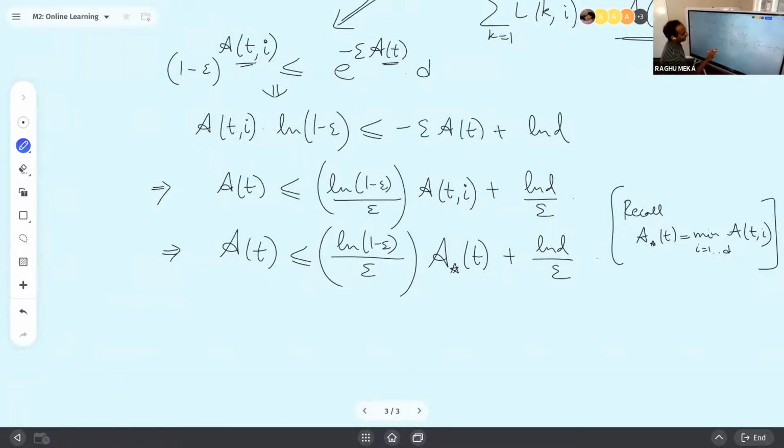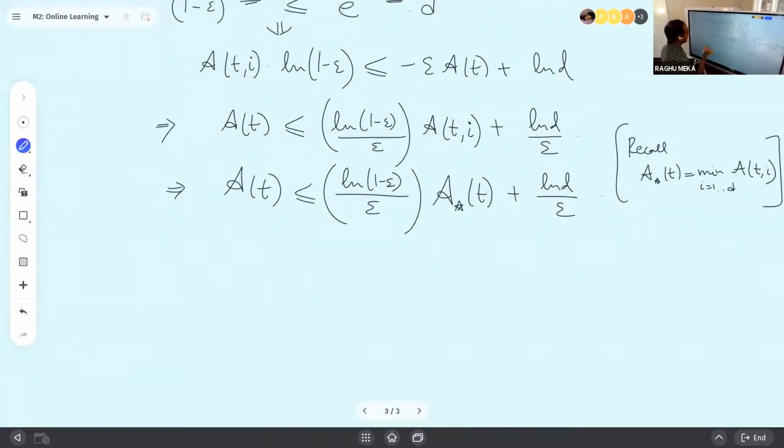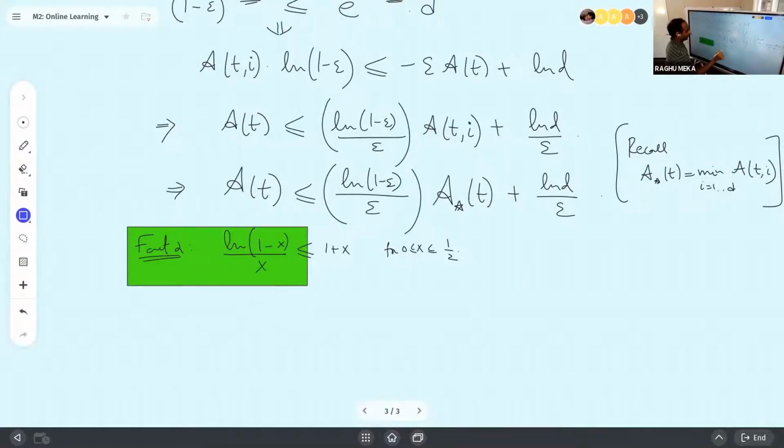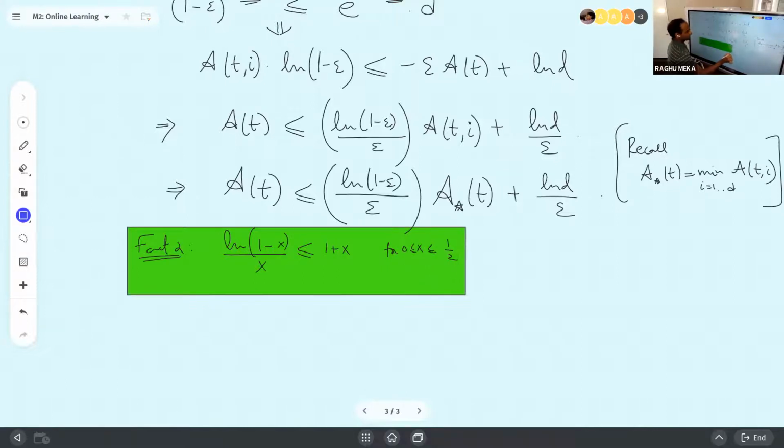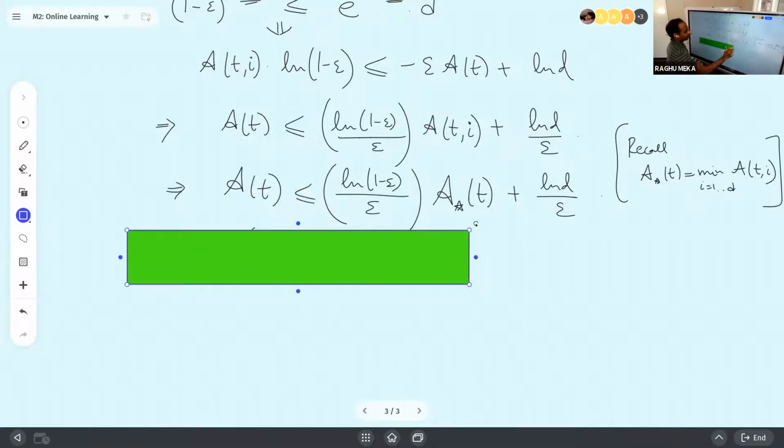Now comes another fact from elementary calculus: ln of 1 minus x divided by x is less than or equal to 1 plus x for x less than or equal to half. You can just plot the curves and see this, or use the expansion of the logarithm function to get this, but that's not at all important for us.